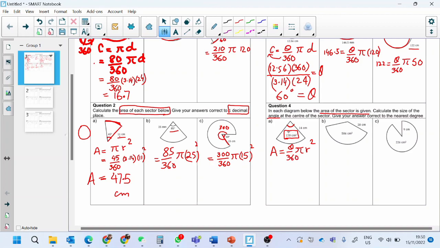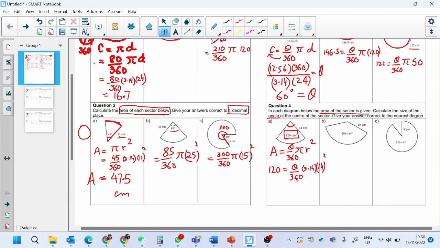So this is an angle out of 360, this unknown angle which we need to find. So the area already given, 120, is equal to theta over 360. The value of pi we already know, 3.14, and r is 14. So we have 14 squared.